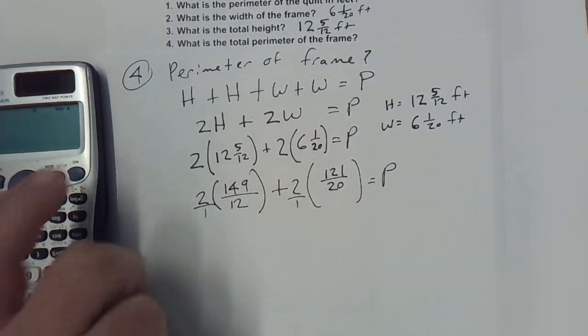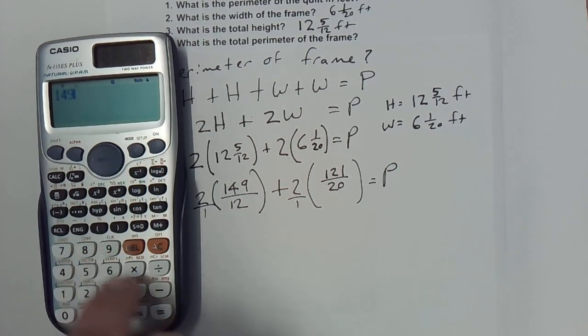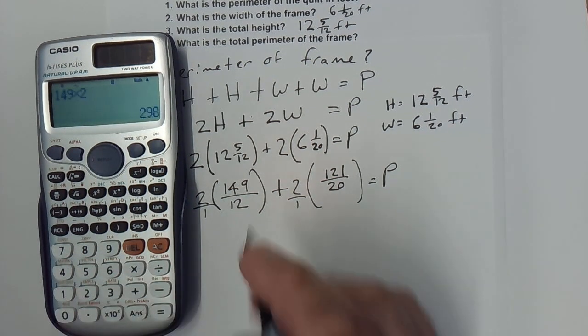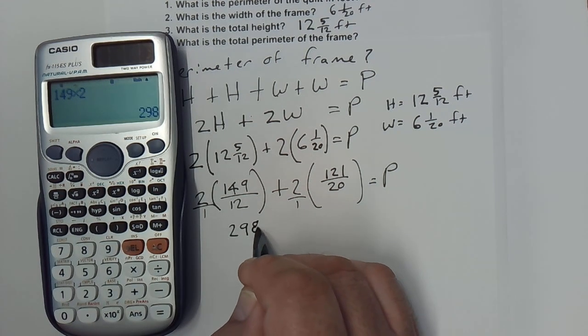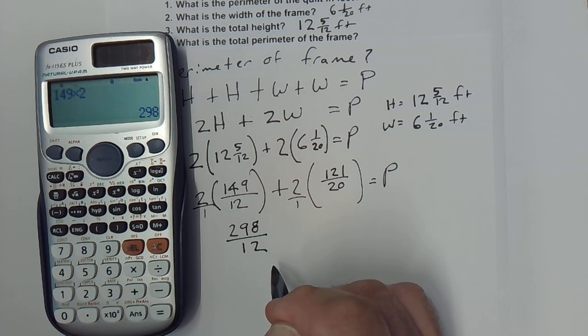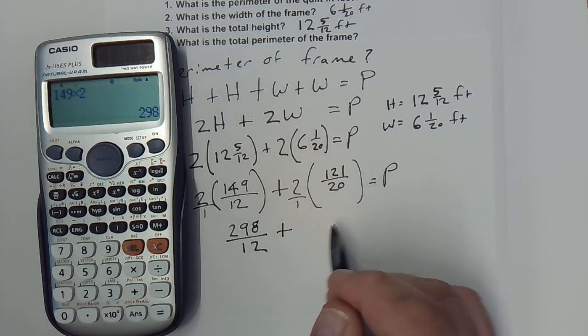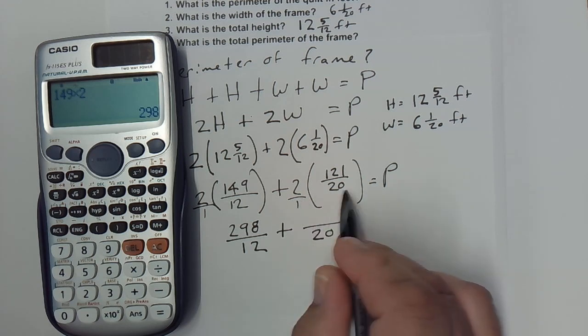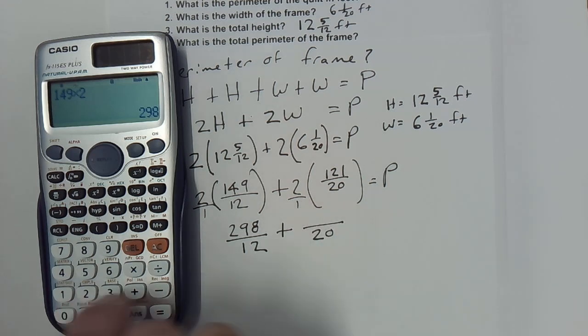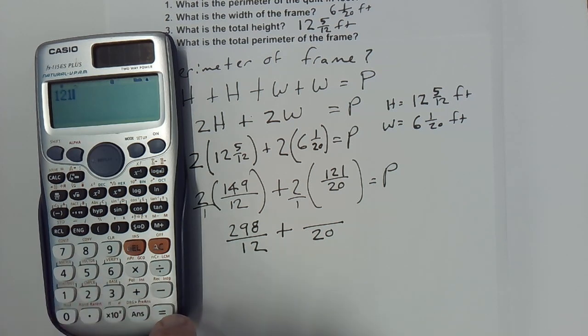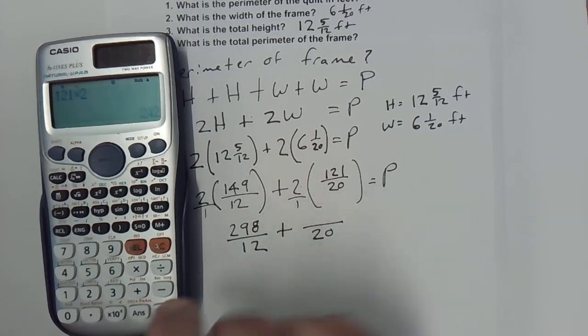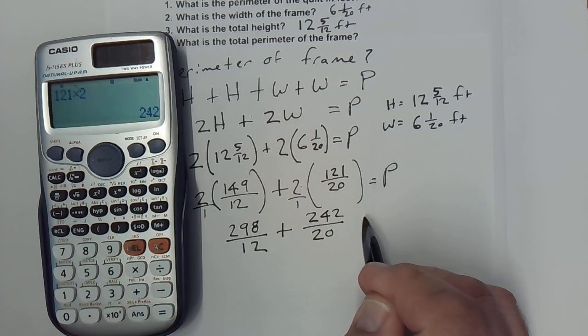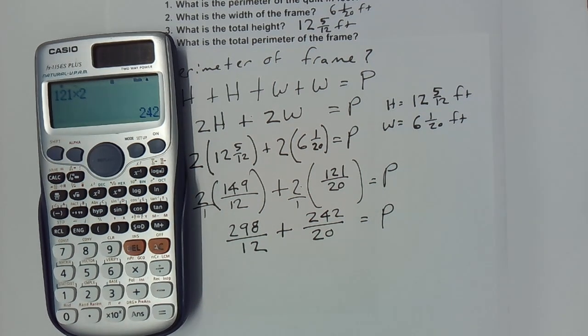So 149 times 2 is equal to 298 over 12, plus, and this is going to be over 20 because the denominator is 1 times 20, and I've got 121 times 2. 2 times 121 is equal to 242. That's our perimeter. Now again, we don't have a common denominator, so we can't just simply add these, can we?